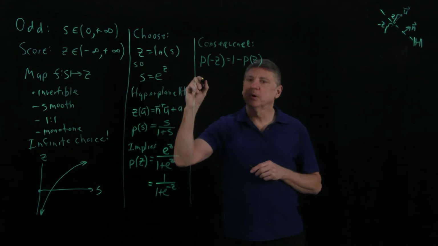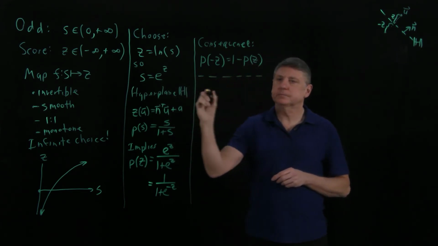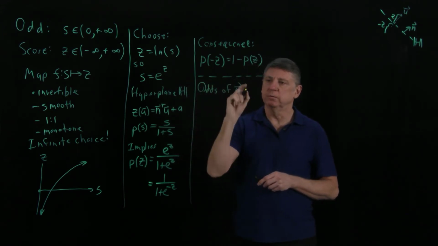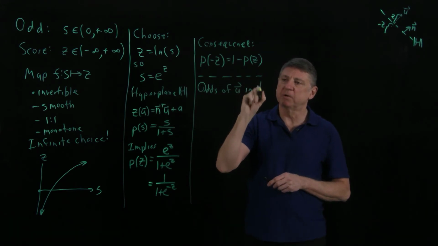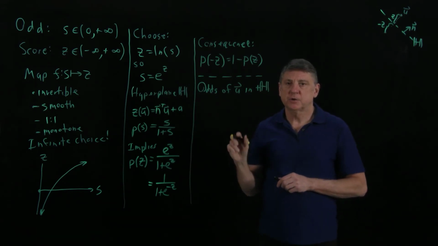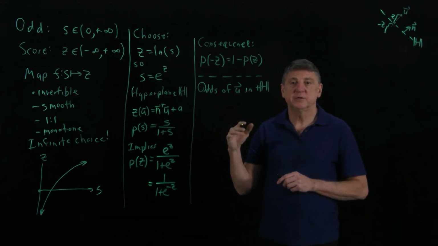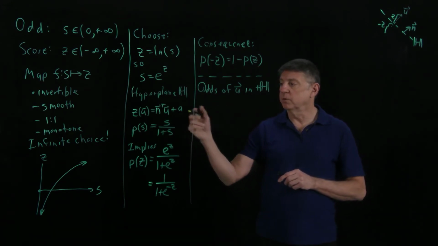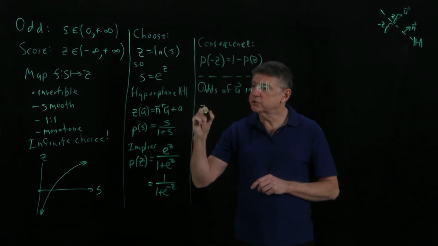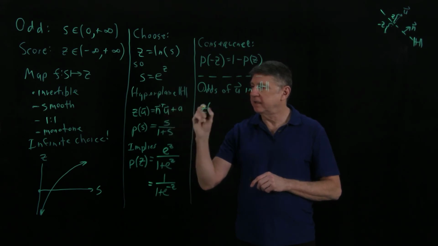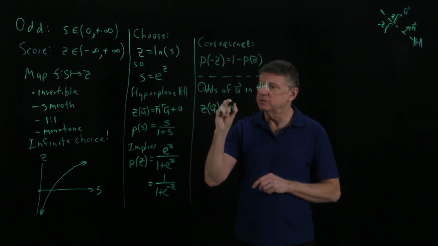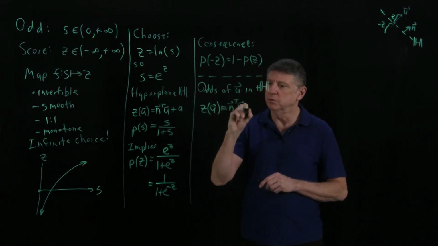So now let's work out the odds. So the odds of u in, I'll just say, the positive half space of h. So now what we do is we take these values and we start to expand them, right? So our score of a vector was, we said, n transpose u plus a.